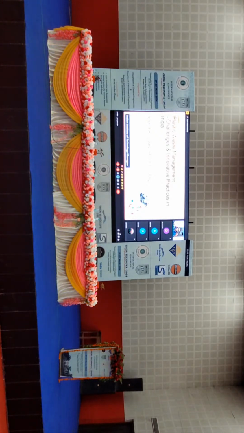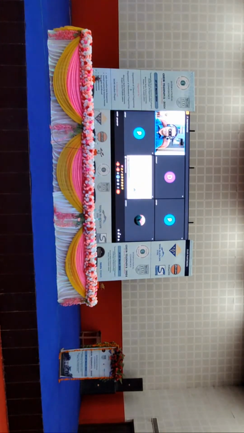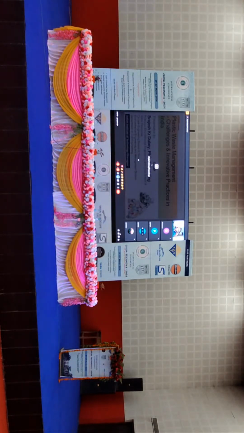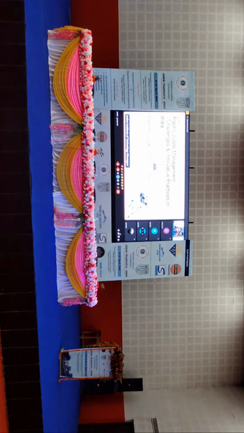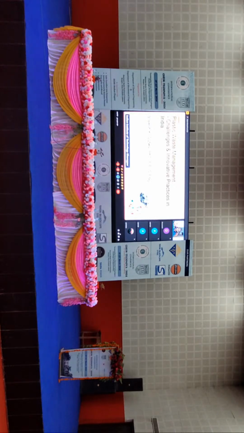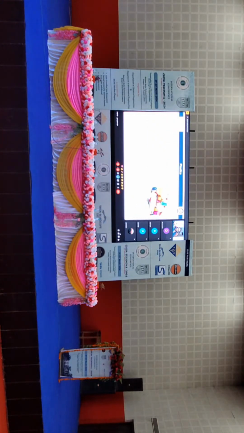So what we are facing today, what challenges we have, and what innovative practices our industry has taken up in this area, which need to be supported by different agencies and replicated throughout the country. That will really help us control this situation of plastic waste, at least to some extent.